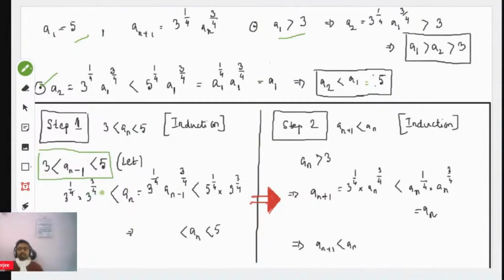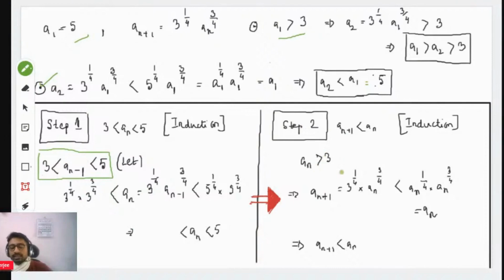You use the same type of idea I used while proving the result for a2. For an greater than 3, you use the fact that a(n-1) is greater than 3, and to get that an is less than 5, you use the fact that a(n-1) is less than 5. In the same way, I'm not repeating, you can just check it. And once we have that an is greater than 3 and less than 5, we can use that idea to prove that it's decreasing.